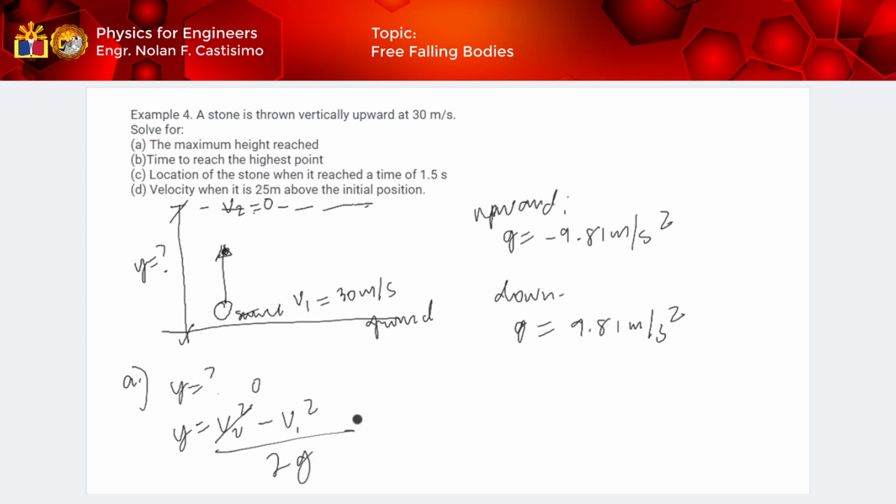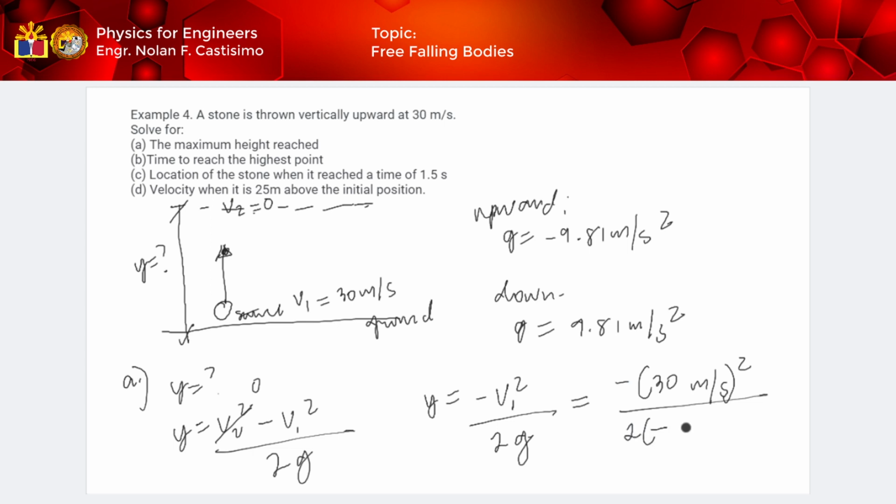So, simplifying our formula, Y is equivalent to negative V1 squared over 2G. And substitute the value. So, negative 30 meters per second square divided by 2, negative 9.81 meters per second square.